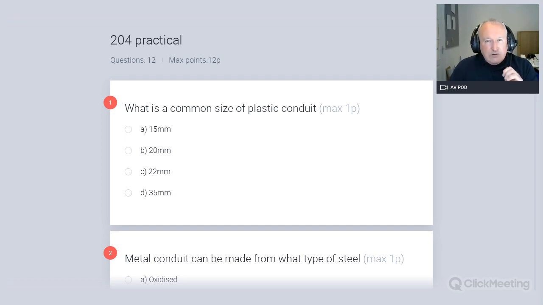SWA stands for? Question number 4. Socket outlets are commonly wired in what size cable? Question number 5. Lighting points are commonly wired in what size cable?